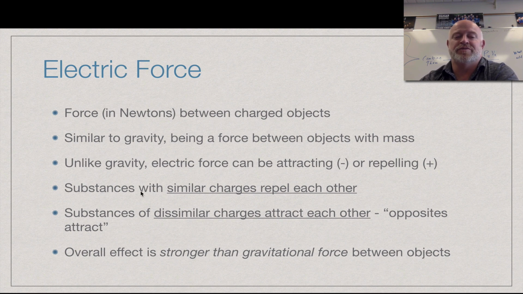If we have substances with similar charges, so they're both positively charged or both negatively charged, they're going to repel each other. If you have substances that have dissimilar, or opposite, charges, so one is positive, one is negative, they're going to attract each other, okay? That's where we get the idea of opposites attract.